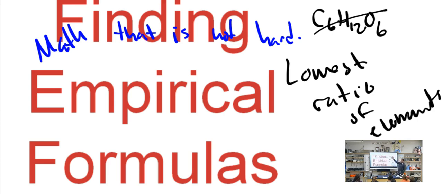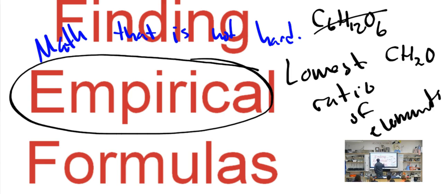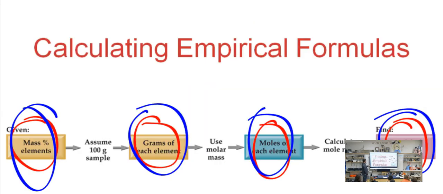That's the molecular formula. Its empirical formula would be CH2O because we put it in the lowest ratio of terms. So that's what we're going to do today: find an empirical formula through just some math when we're given percentages. This is on your exam. On the level of difficulty, it's a 1 compared to what we've been doing, which has been like a 6 or a 7. So here we go.